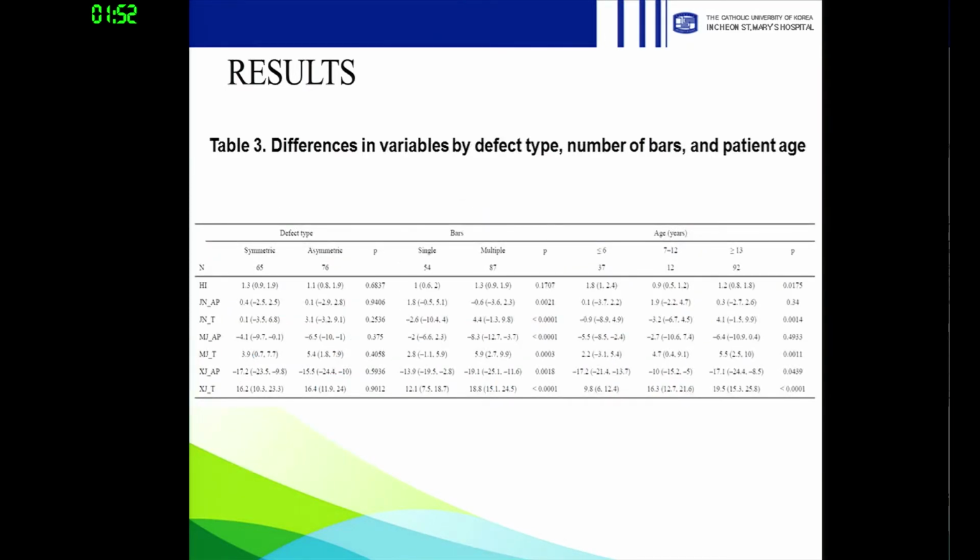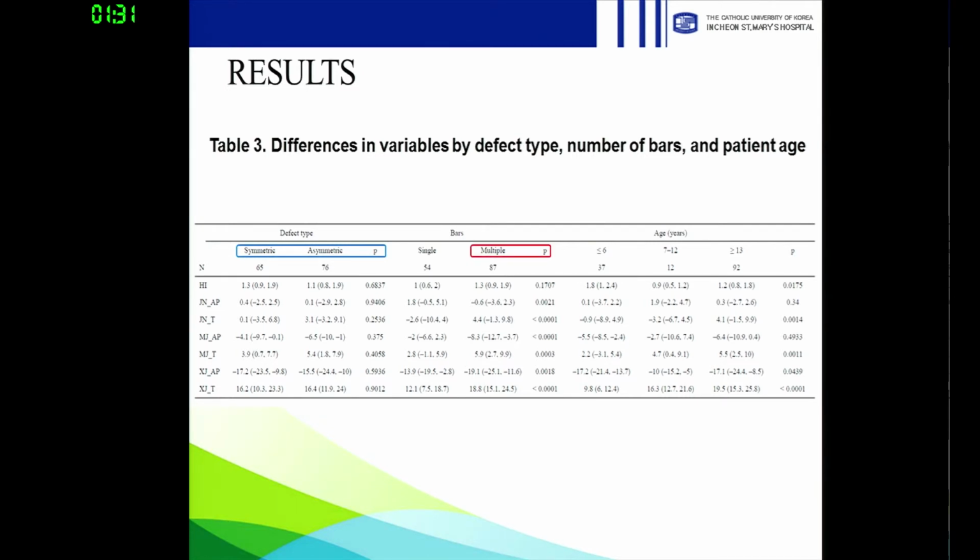Differences between preoperative and postoperative Haller index and the AP and T diameters at three anatomical landmarks were not statistically significant between the two types of pectus excavatum.